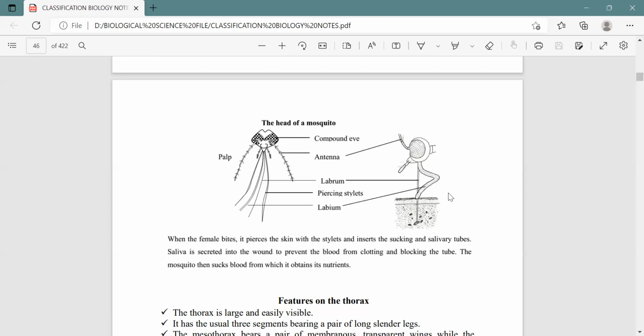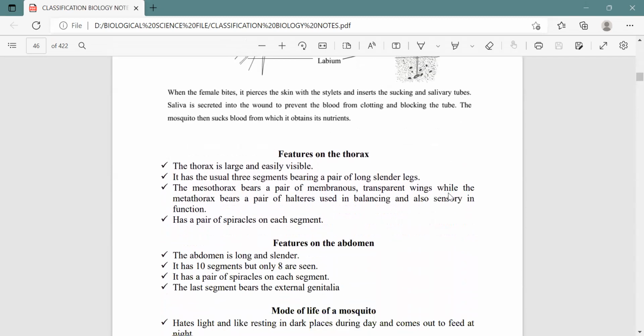Once it finds an entry route into maybe your capillaries, blood capillaries in the skin, it will secrete certain secretions that will prevent blood from clotting, and the flowing blood will be sucked by the mosquito.